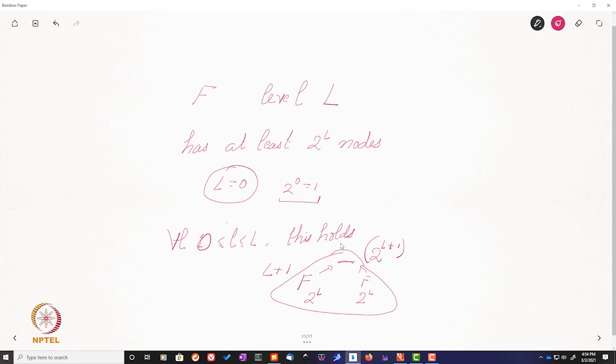So the induction hypothesis does hold. This means that the base case holds and the induction hypothesis holds. Hence by induction, every time we increase the level, the number of nodes at least doubles. So this further means that with n nodes, the maximum number of levels that we are going to have is log n to the base 2.